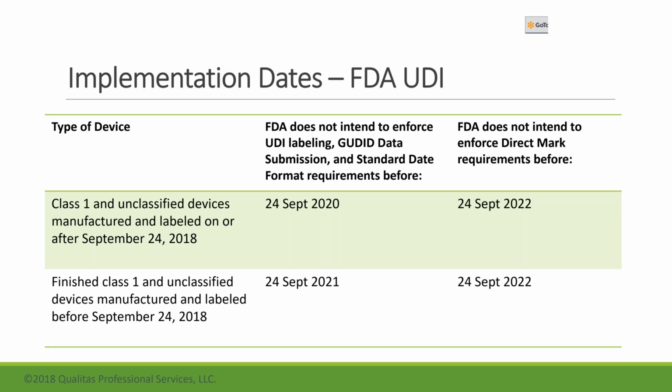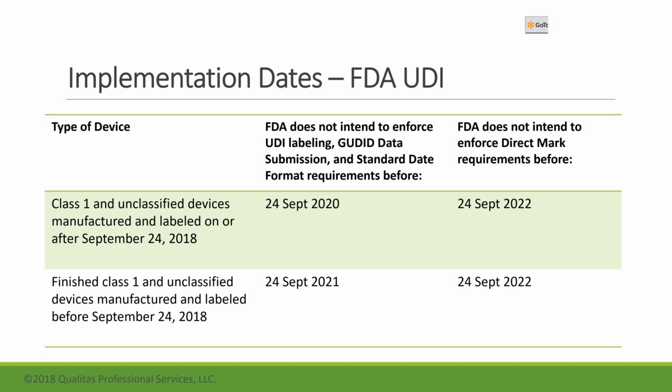So that's a 2-year extension. There's also an extension on the direct marking to 2022. The finished class 1 and unclassified devices manufactured and labeled before September 24th of this year have until September 24th of 2020 to be UDI compliant, and the direct marking is the same year.